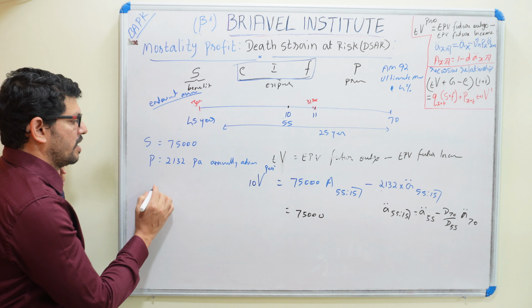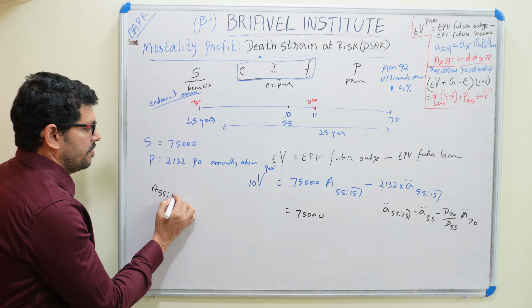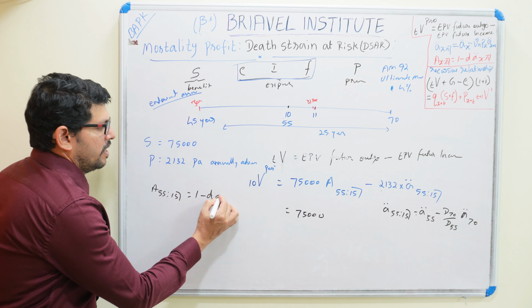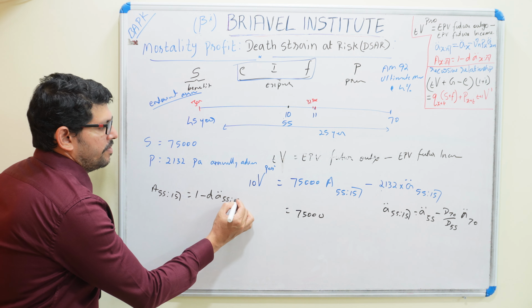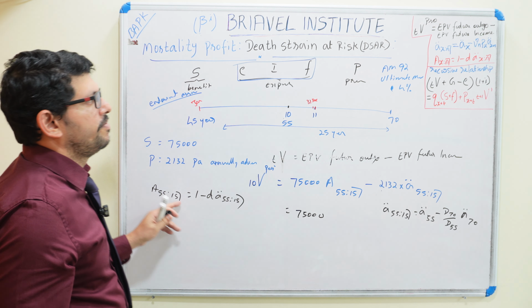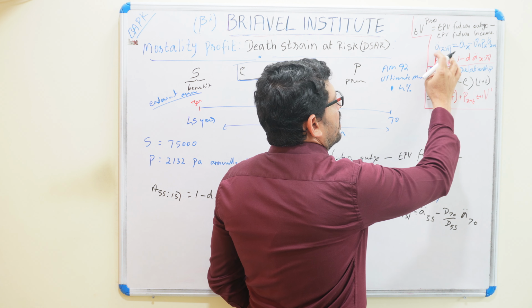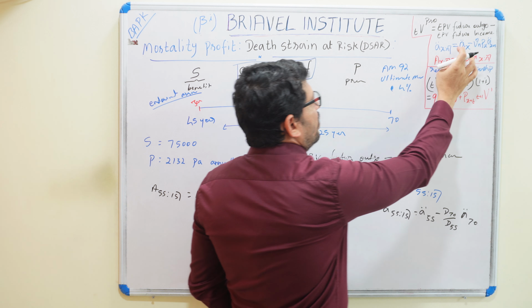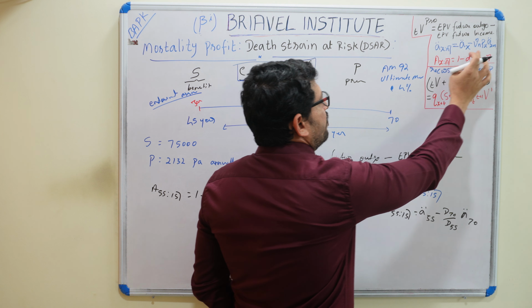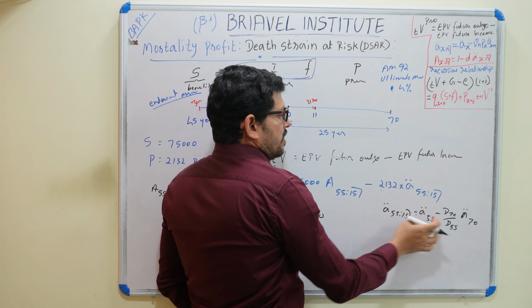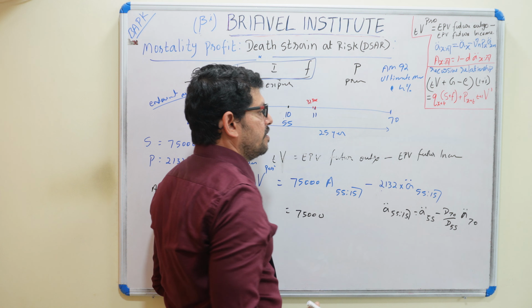A55 can also be calculated using the formula A55 equals 1 minus d times ä55. The formulas are written here, and all the A values are available in the AM92 table, including A(55+15), which is A70.